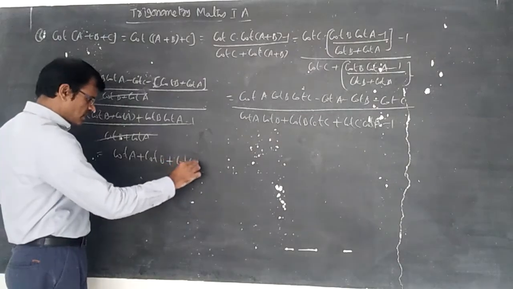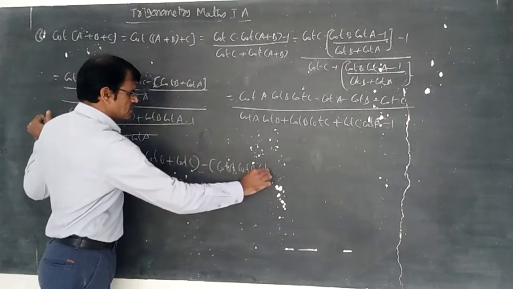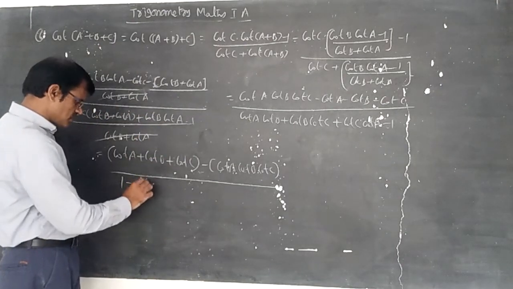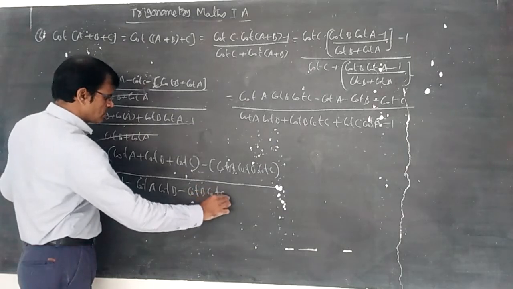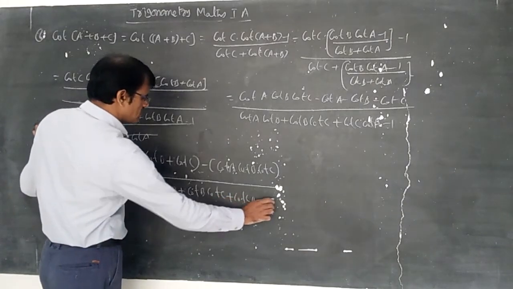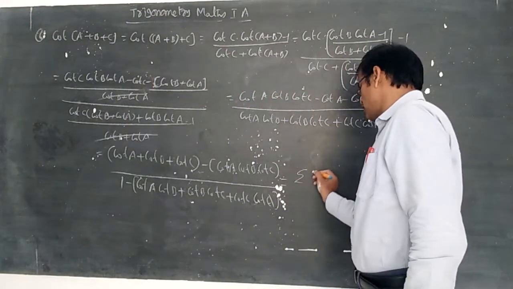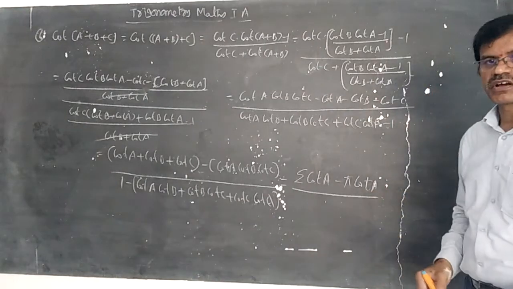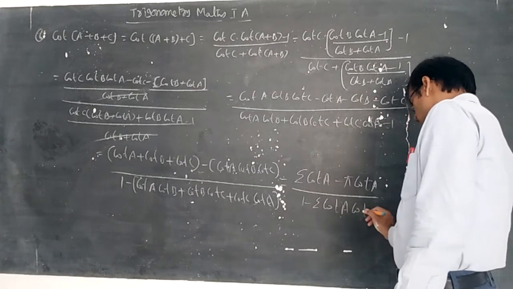It becomes cot A plus cot B plus cot C minus of cot A into cot B into cot C, whole by 1 minus, minus becomes plus, plus becomes minus. 1 minus cot A cot B minus cot B cot C. Better to write like this: 1 minus of cot A cot B plus cot B cot C plus cot C cot A. This one you can write as sigma cot A minus pi cot A by 1 minus sigma cot A cot B.